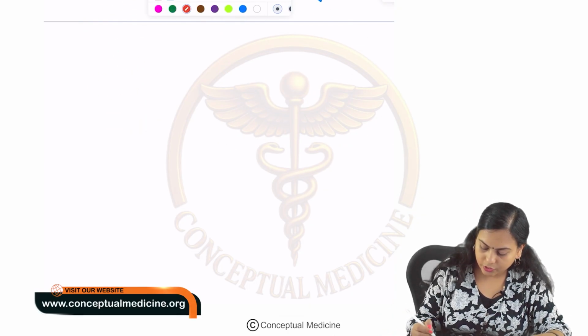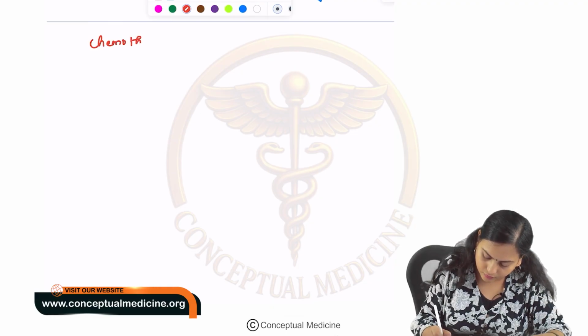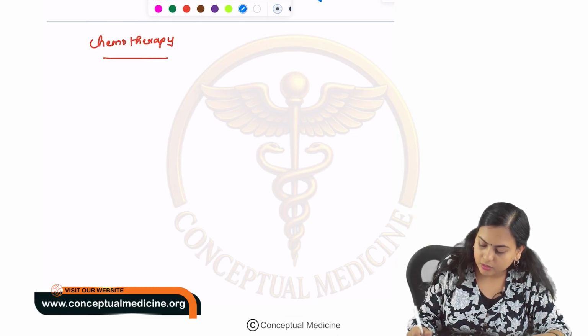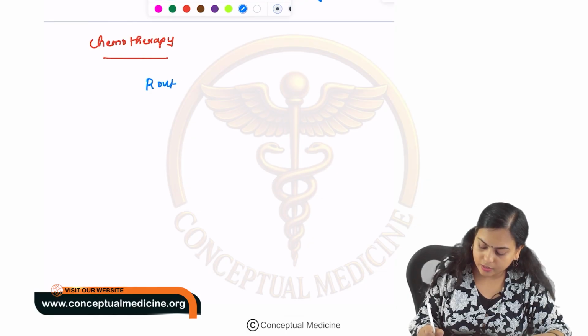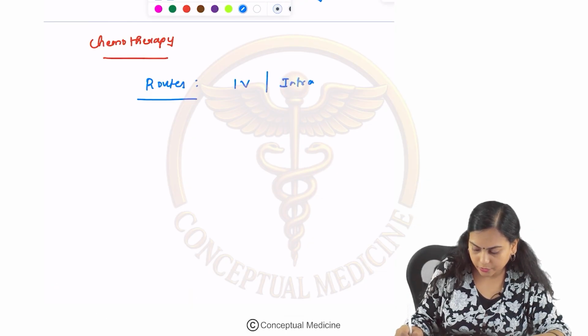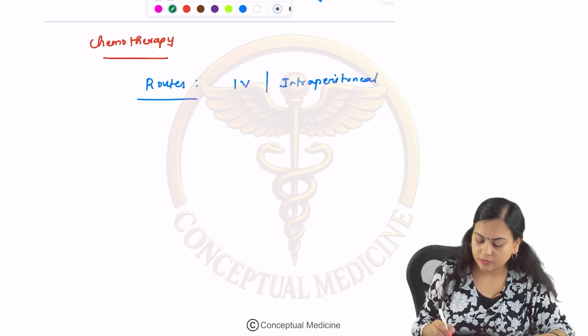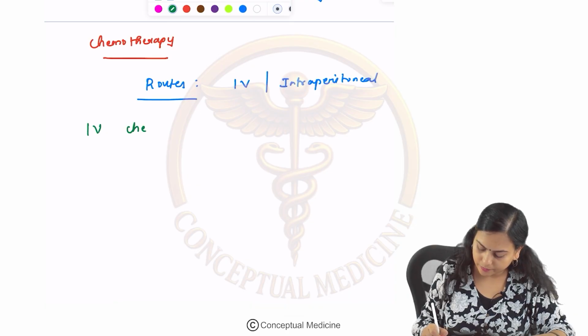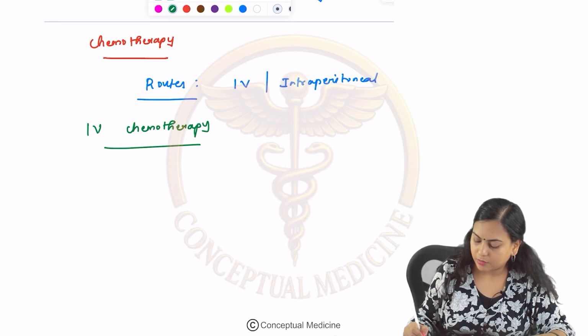Next one is chemotherapy. So the routes of offering chemotherapy are intravenous or intraperitoneal. We can give IV chemotherapy by giving 6 cycles of the following combination of drugs.